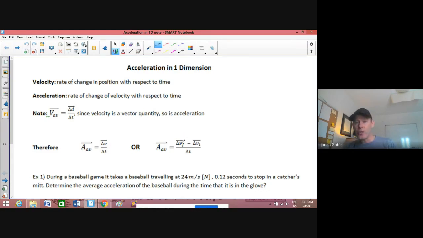Now, to find the change, this is a more familiar formula that we're going to use. To find that change in velocity, you look at your final velocity and you subtract your initial velocity. So you have two different velocities, and when you subtract them, you find the difference or the change in them. This is the formula that we'll use the most this unit.